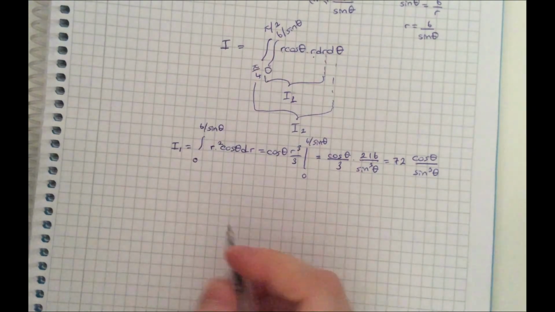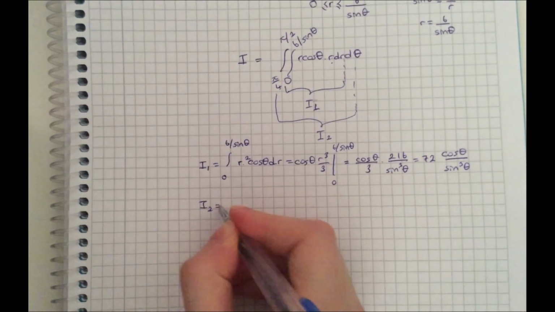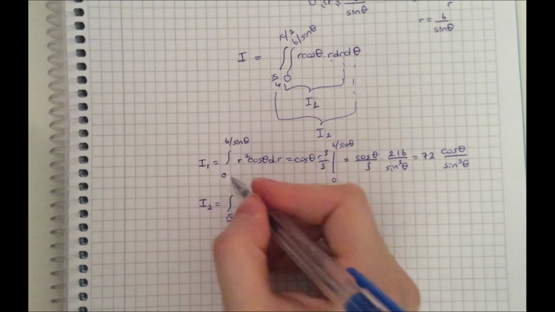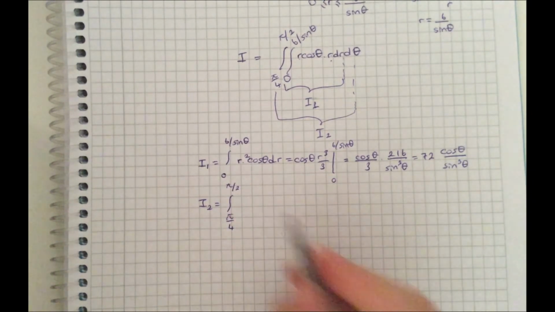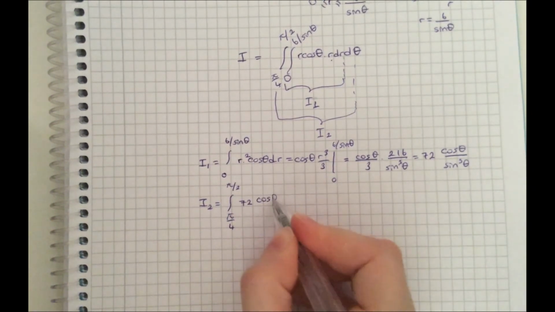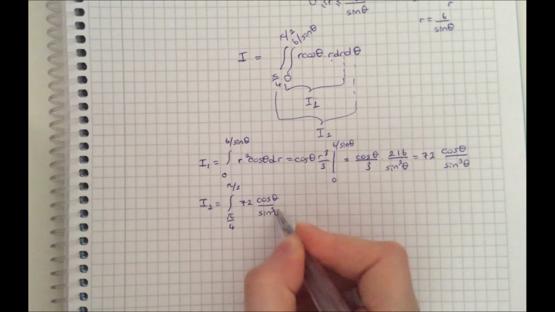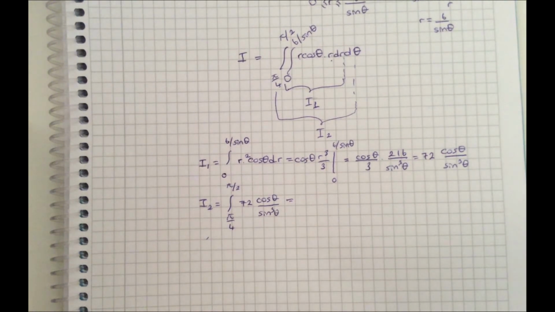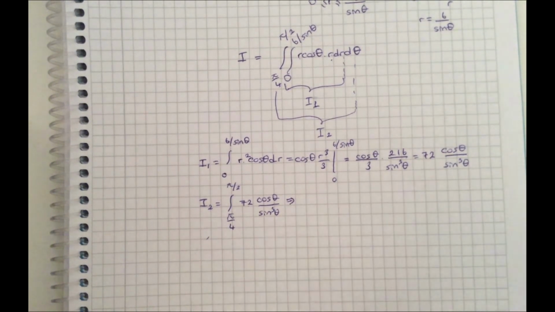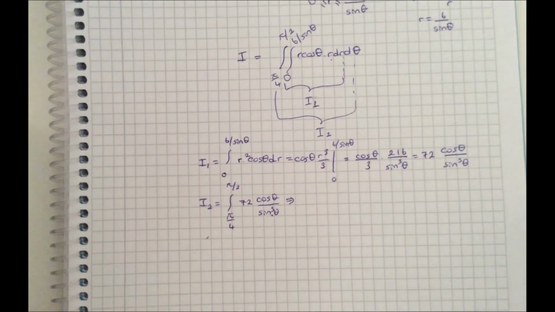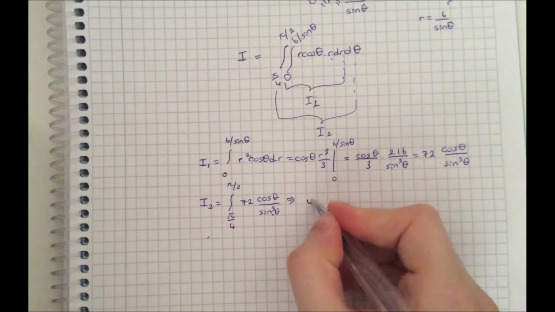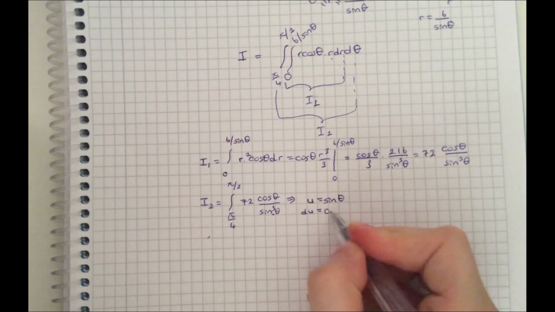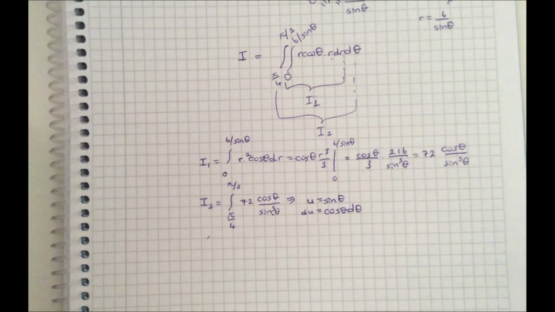And for our second integration, this is constant, so you can write this. To solve this integral, we should say u can be sin theta, so the derivative of u is cos theta d theta.